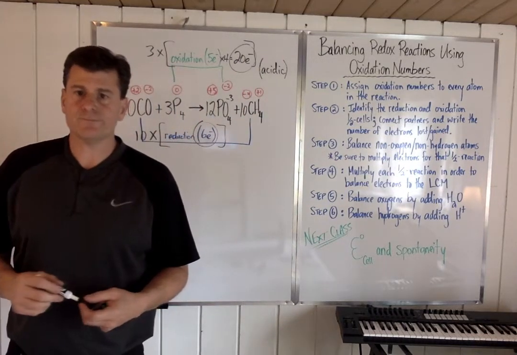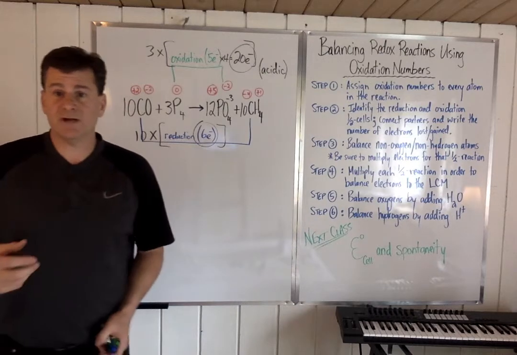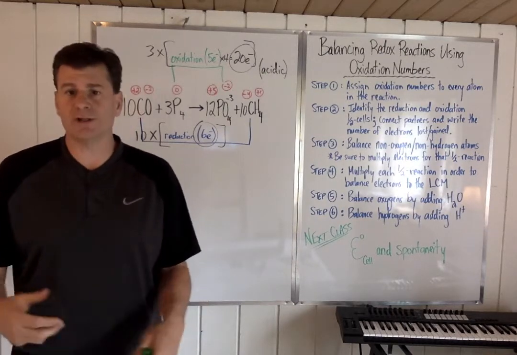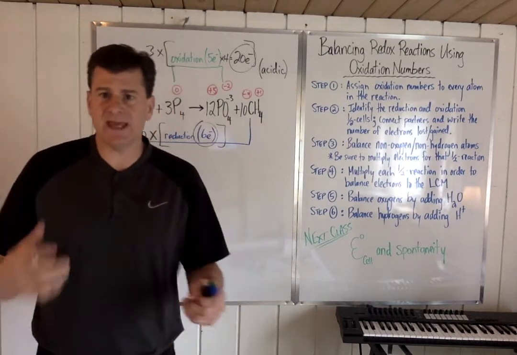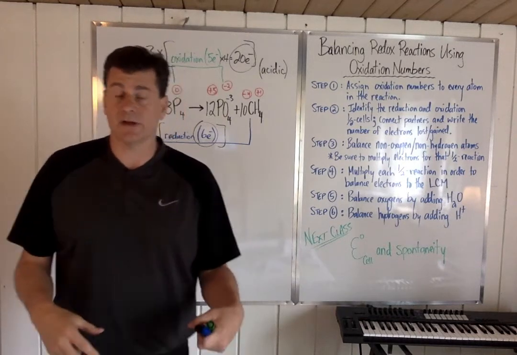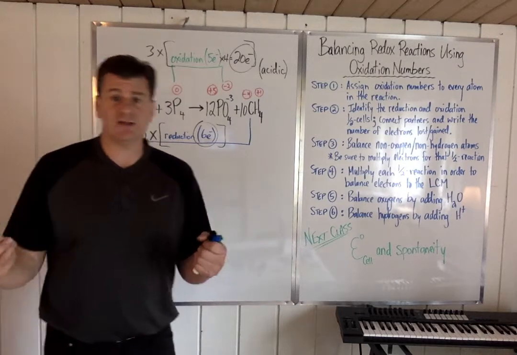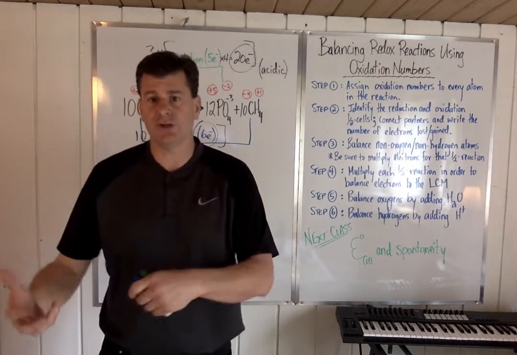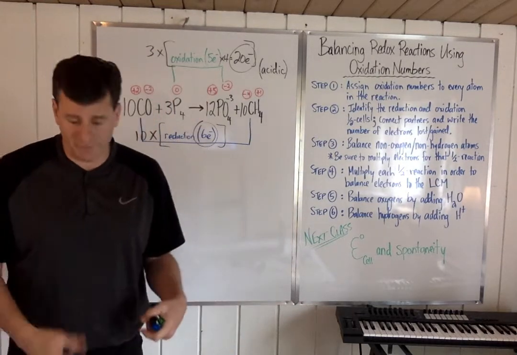Okay? Now, once you're at this stage, what you've essentially done is you've taken care of all the electrons. The electrons are balanced. So I've had 60 electrons transferred from the oxidation to the reduction, and that's what I've shown so far.